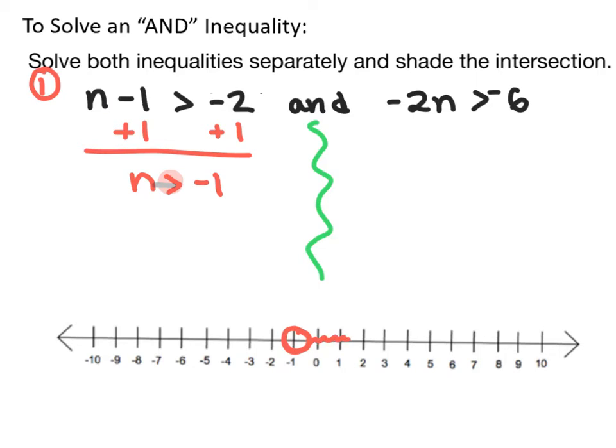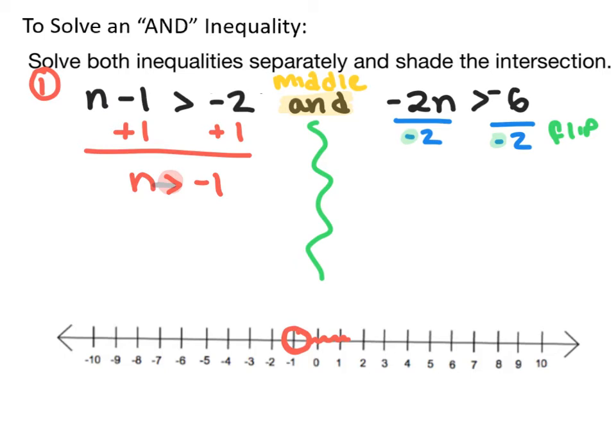However, because it is an and inequality, we know we are shading the middle, so we're going to wait to shade the whole thing. To solve the other inequality, I would have to divide both sides by -2. And remember, when we divide by a negative number, your sign is going to have to flip.